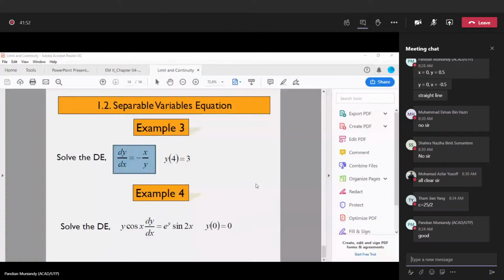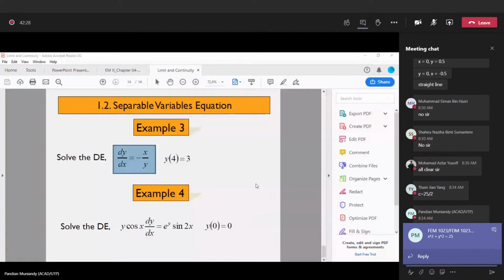Therefore, you rearrange the equation. You will have x squared plus y squared equals 25. So what is this equation? Can you draw, sketch? x squared plus y squared equals 25.